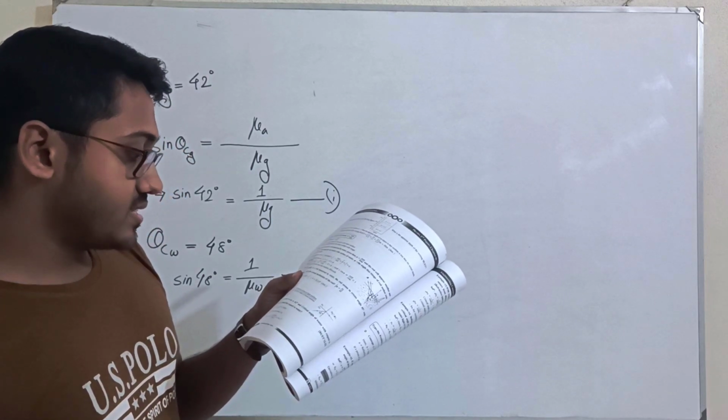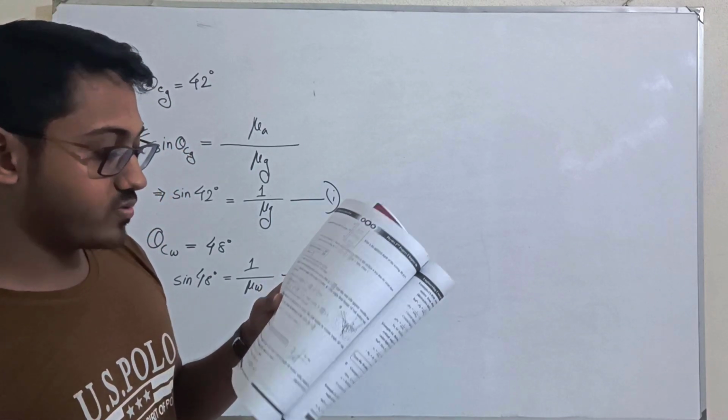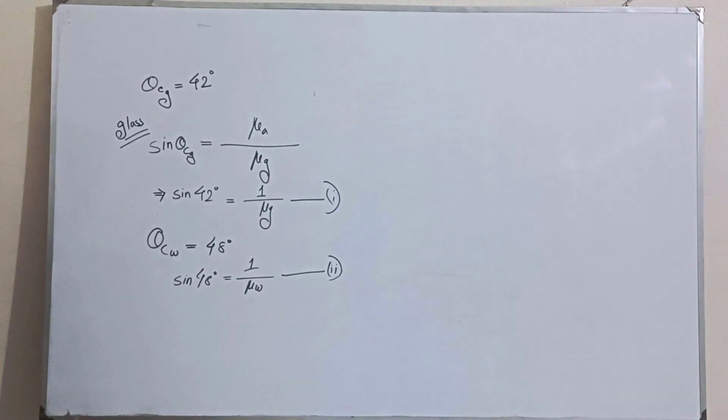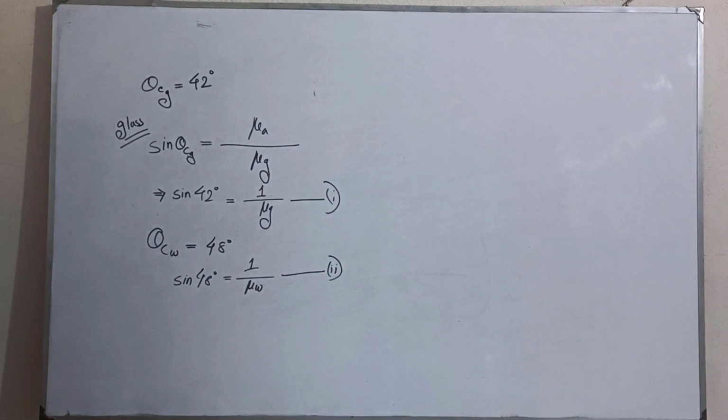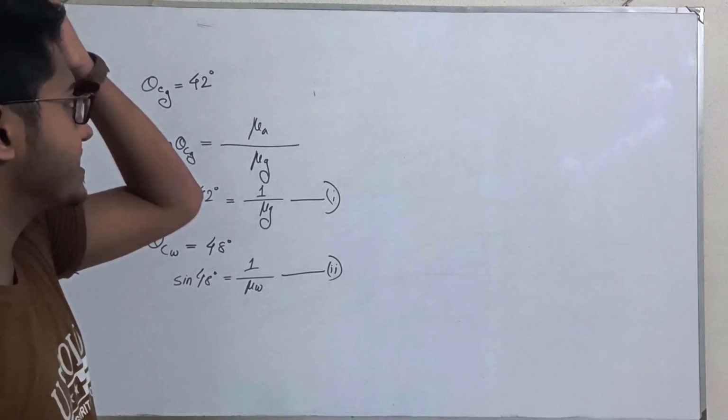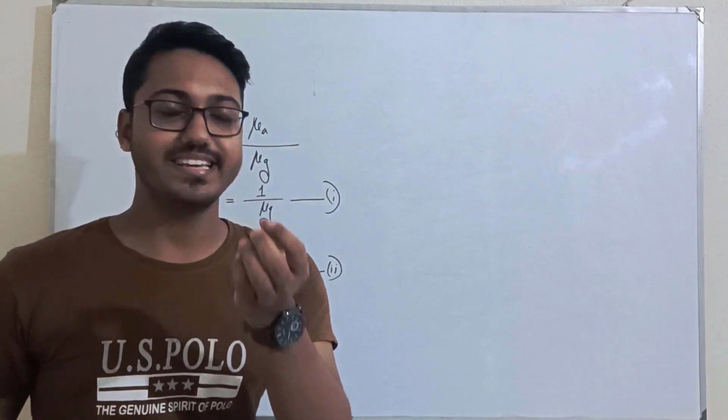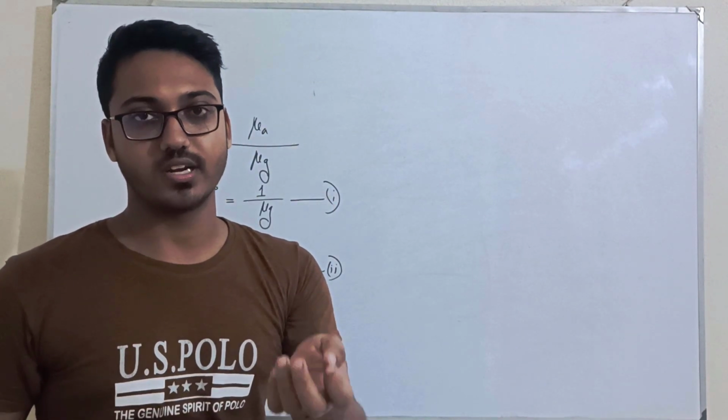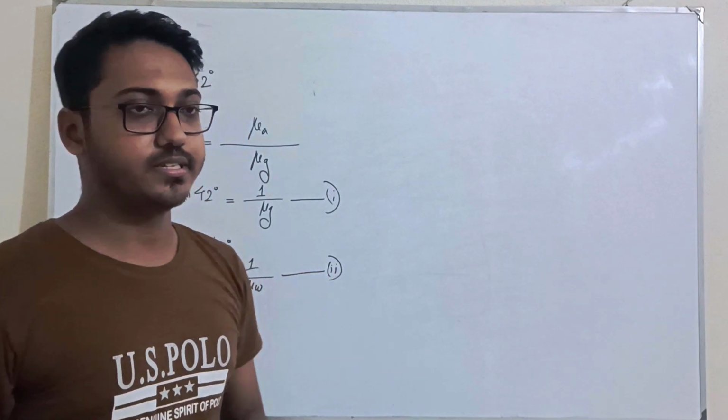They have asked what is the critical angle of glass with respect to water. Now tell me which one is the lighter medium between glass and water. Water is the lighter medium, right?